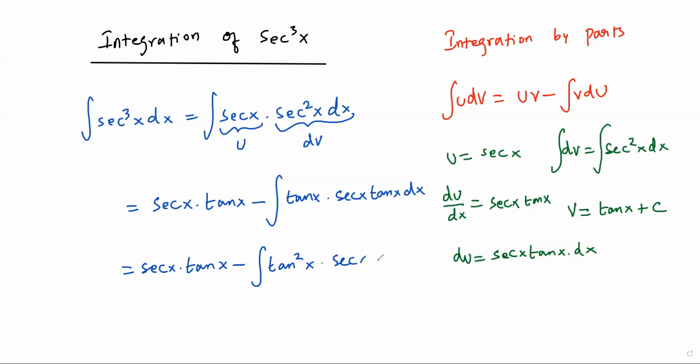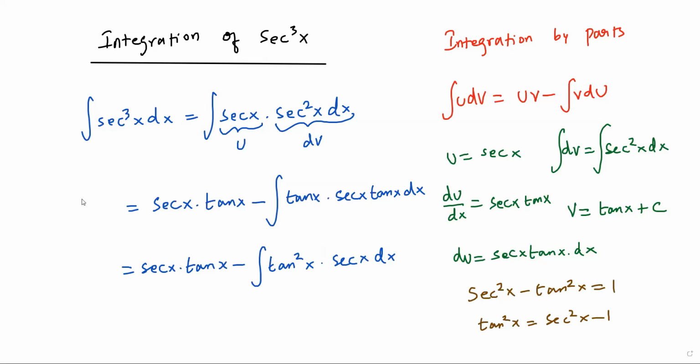times secant x dx. Okay, in trigonometry, already I know the identity, that is secant square x negative tan square x is equal to 1. If I solve for tan square, I'll be getting tan square x is equal to secant square x negative 1. So this tan square x can be replaced by secant square x negative 1.